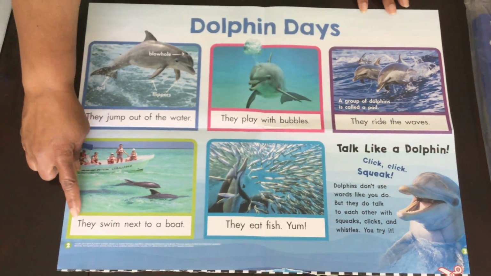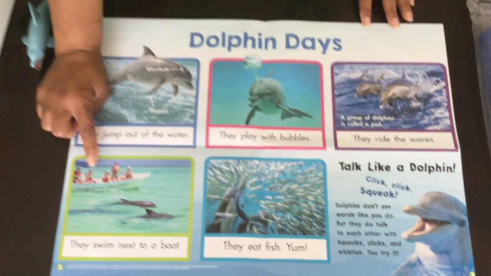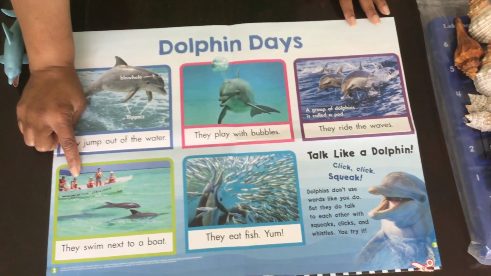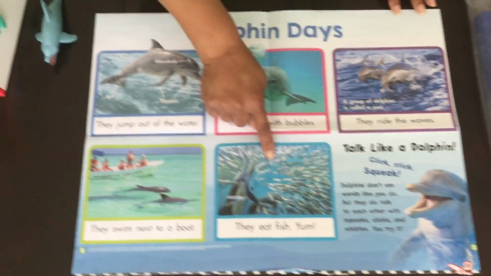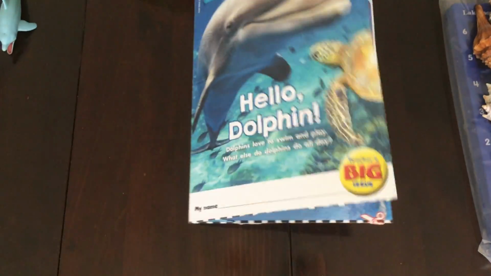Then this picture shows that they swim next to a boat. They're not very afraid of humans because humans are kind of like them. We're mammals and they're mammals. But they love to eat fish. One last picture I want to show you about the dolphin.